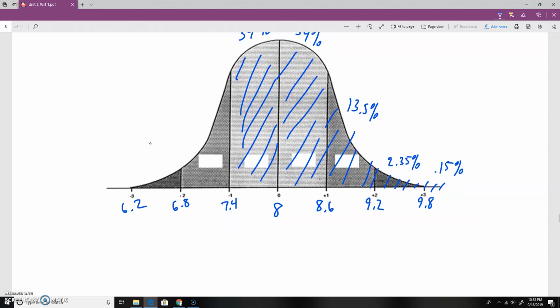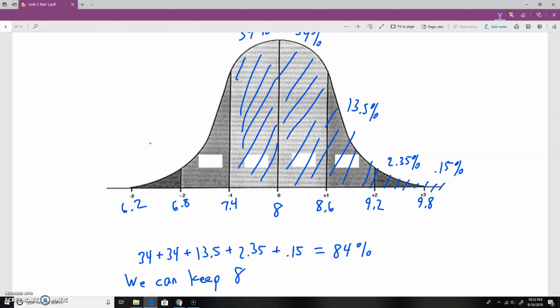So we're going to take all those values: 34 plus 34 plus 13.5 plus 2.35 plus 0.15, and we're going to get 84%. So to answer our question, we can keep 84% of the fish.